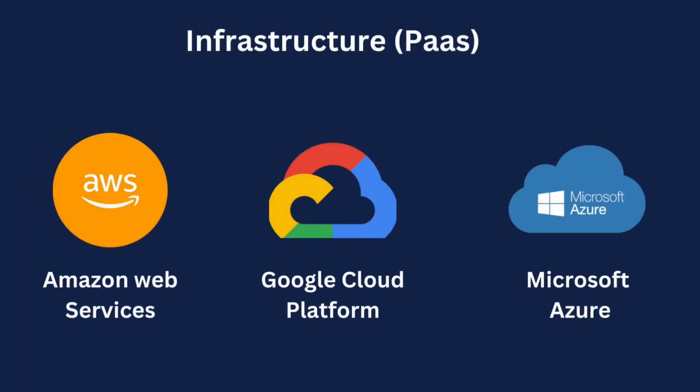For example, we have the Amazon Web Services, Google Cloud Platform, and then Microsoft Azure. In this kind of platforms, they give you both the server and the database. This kind of databases will help us either store our videos, store our text, and store everything that we need to store.